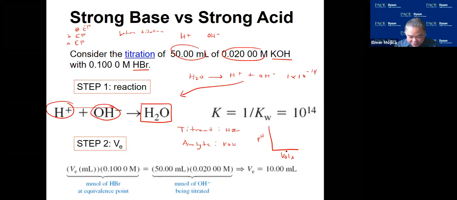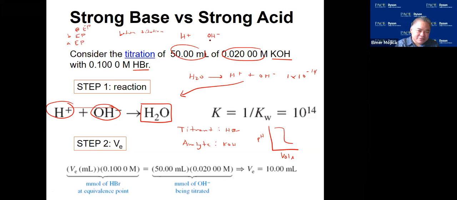Will the pH be the same? Will it go up? Will it go down? Put your answer in the chat because that will be our quiz. Okay? So the pH decreases. It will look like that.